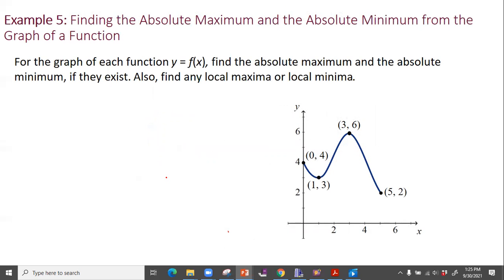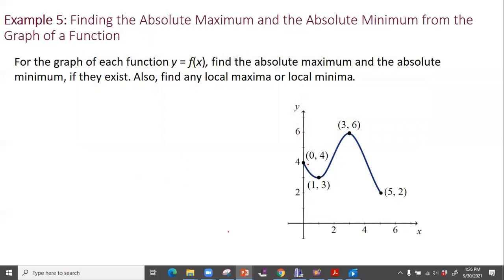For the graph of each function, find the absolute maximum and the absolute minimum if they exist. So looking at this graph, do I have any absolutes? I do.